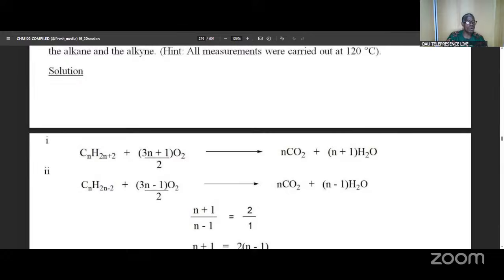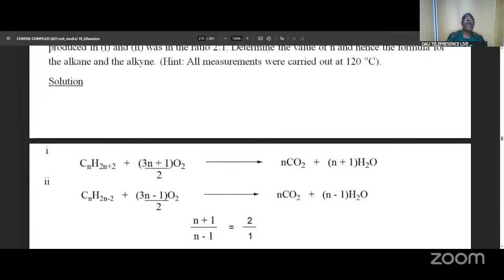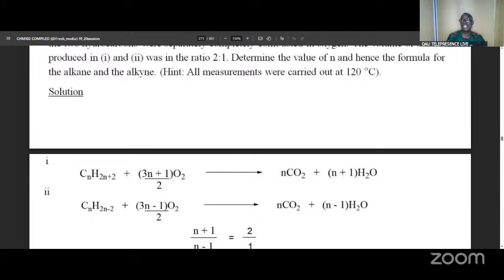Now, for the alkyne, the standard equation for the combustion of an alkyne is CnH2n minus 2 plus (3n minus 1)/2 O2, which gives nCO2 also, plus (n minus 1) H2O.